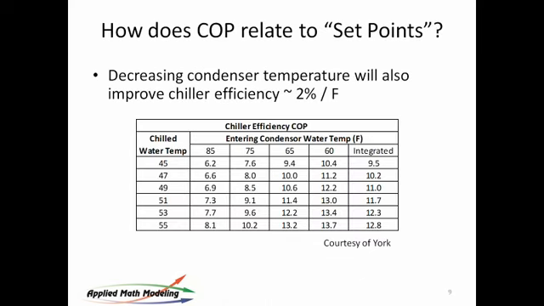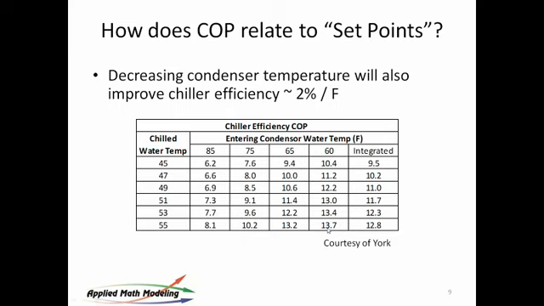The other chart I have here is the condenser temperature itself. If we move along this axis right here, we drive down condenser water temperature, which means the water entering the chiller is colder, therefore that top line in my diagram is moving down, the COP goes up as well. Now you'll notice the COP here, these can get quite high.